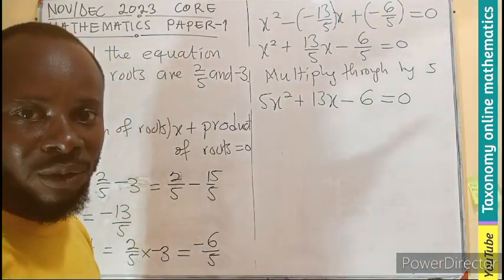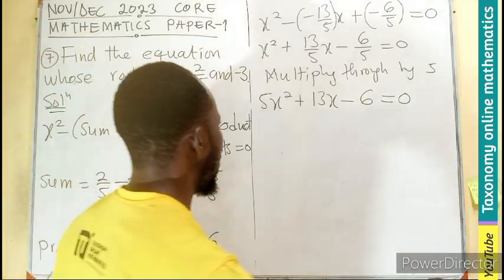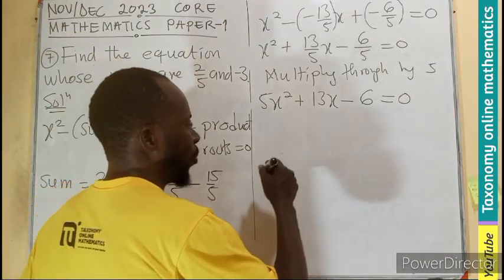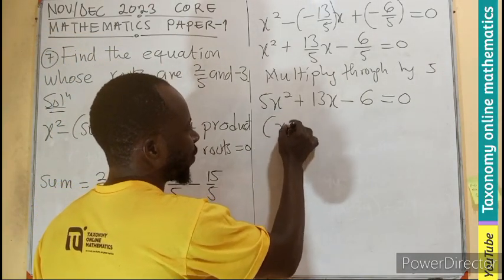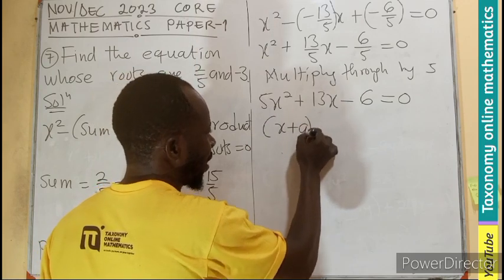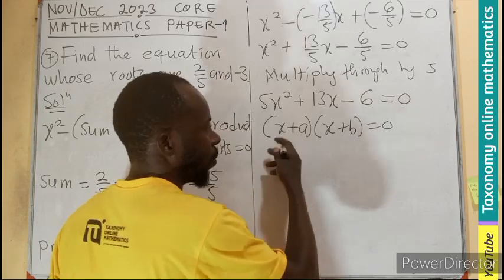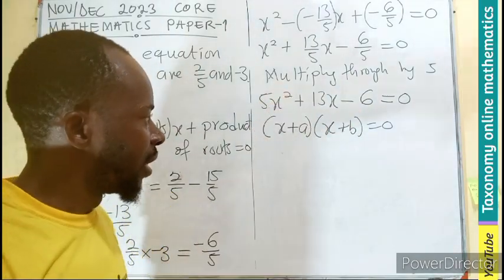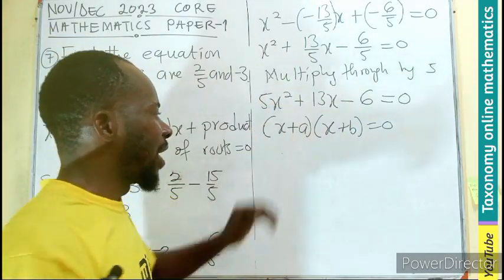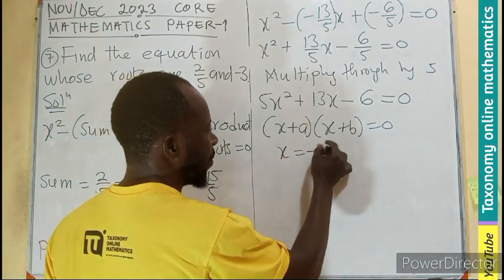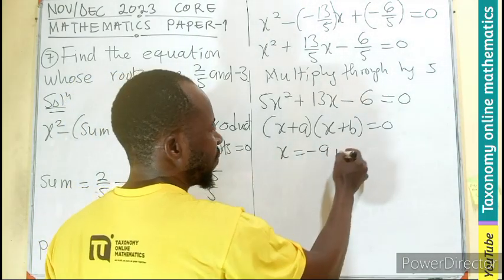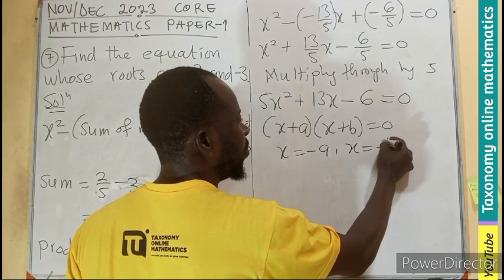Alright. I mentioned there are two ways of solving it. We can also use this approach. We know that (x plus or minus a)(x plus or minus b) equals 0. These are the expansion. This could be the root. When I find x, it will become -a. If I find x from here, it will become -b.